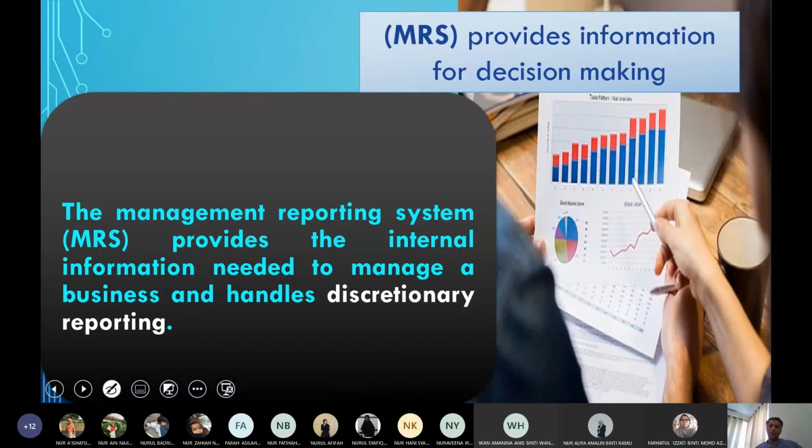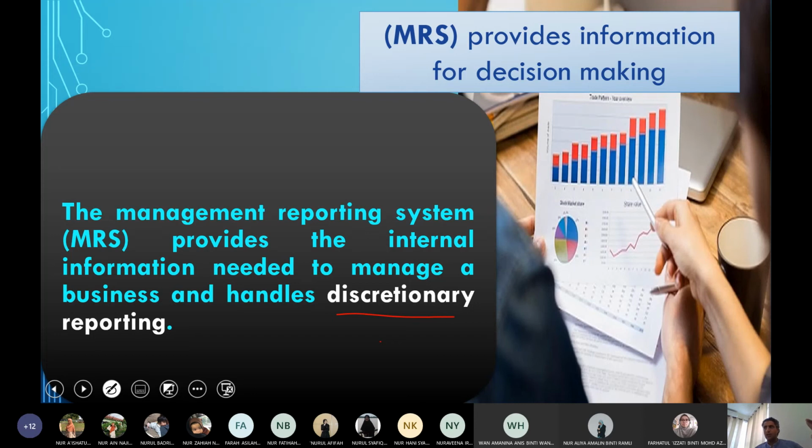And then the management reporting system, MRS, provides the internal information needed to manage a business and handles discretionary reporting. What we mean by discretionary is optional, not requiring some fixed form. It is based on the request from the management.